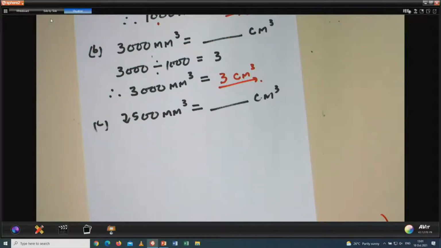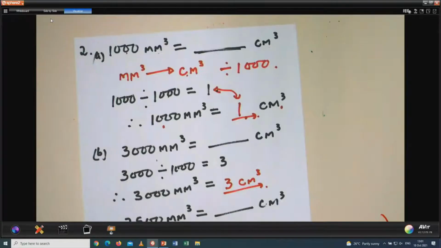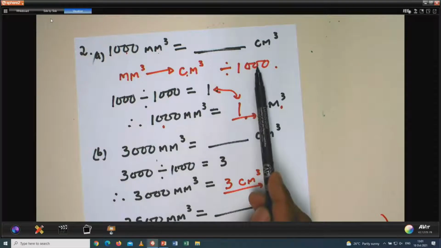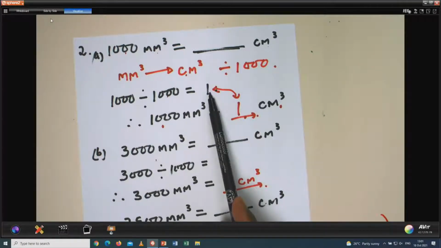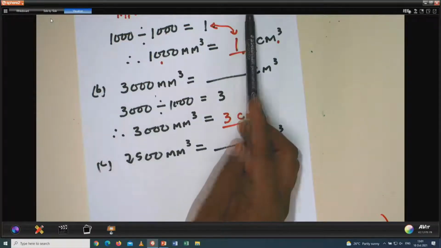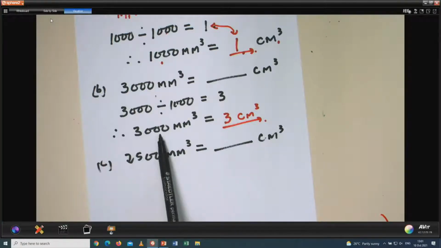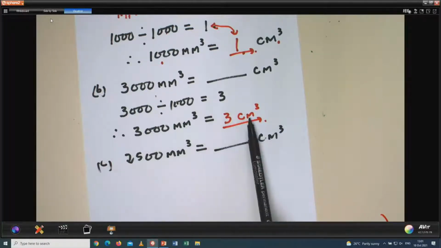But there's a simple division that you did in grade 6. Remember, you were also introduced to decimal fractions in grade 6. The same route: in A, 1000 divided by 1000 gave 1. In B, the 3000, we divided by 1000, and the answer was 3. Hence 3000 cubic millimeters is equal to 3 cubic centimeters.